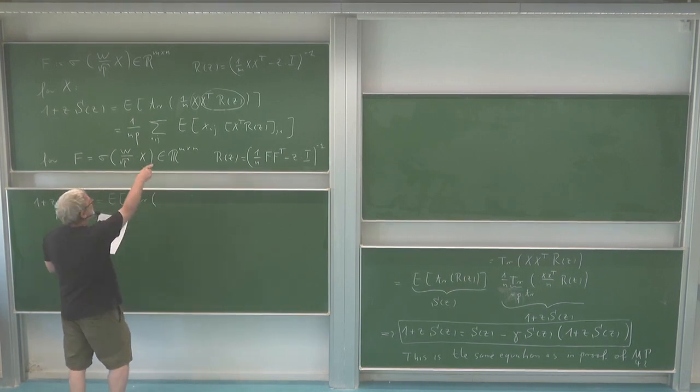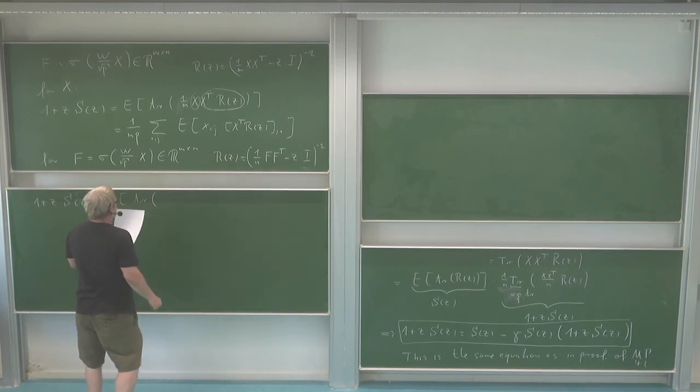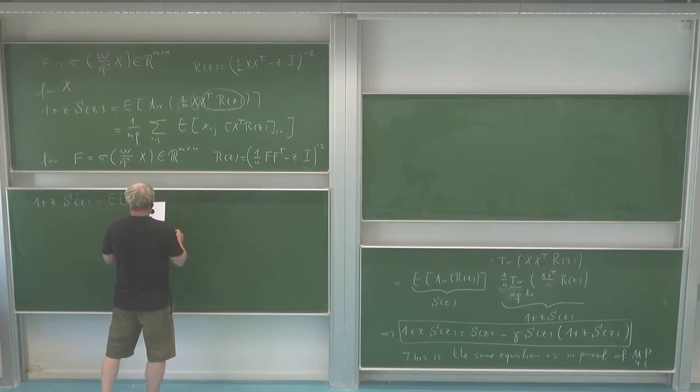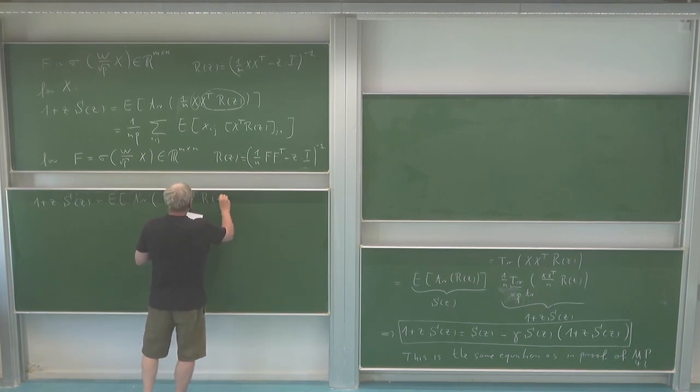And now I get my matrix here in this term. So I get here the trace of 1 over N F transpose times the resolvent, and the expectation of the whole thing.